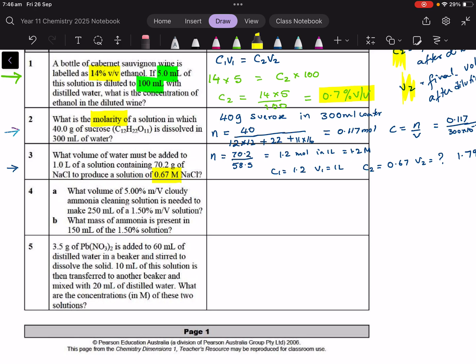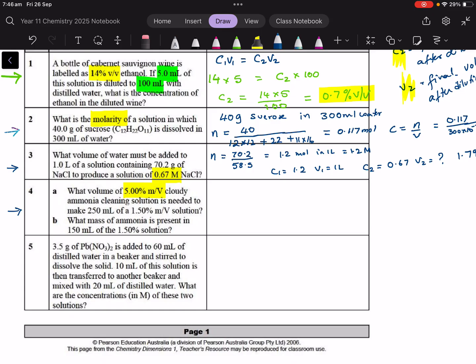Here, the next question we are going to do is now in a different unit. You have 5% mass over volume of cloudy ammonia is needed to make 250 mils of 1.5% mass over volume. So again, this is straightforward.